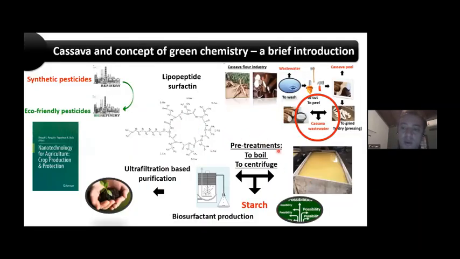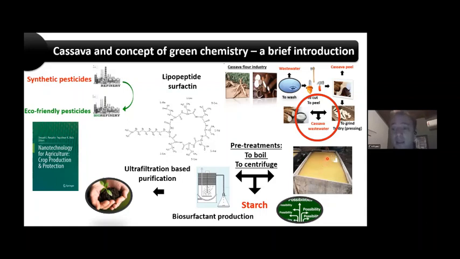So the first subject is to describe the cassava wastewater. Cassava wastewater looks like this, liquid. As you can see, it's quite dense, it's quite yellow. There is a small odor, I mean. It is a problem for the industry because they have to treat it in order to dispose of it.